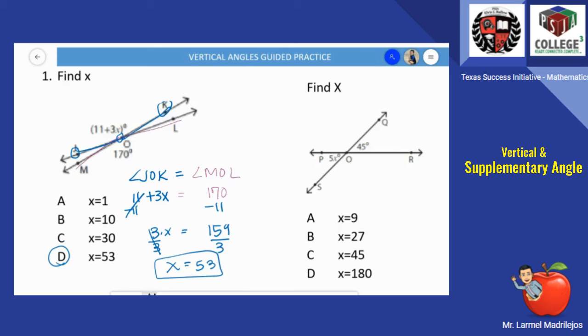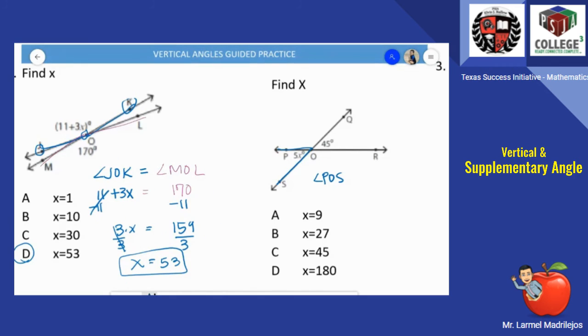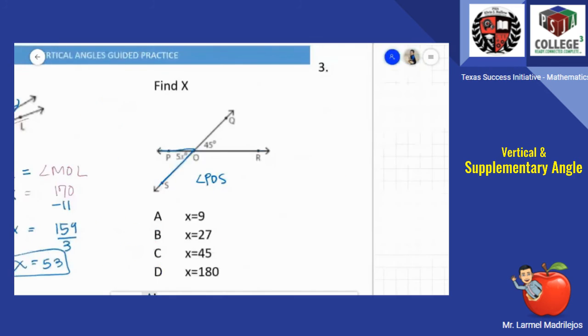Next question. I think this is question number 3. Find x again. Angle POS is equal to angle QOR. But QOR is 45 and POS is 5x.